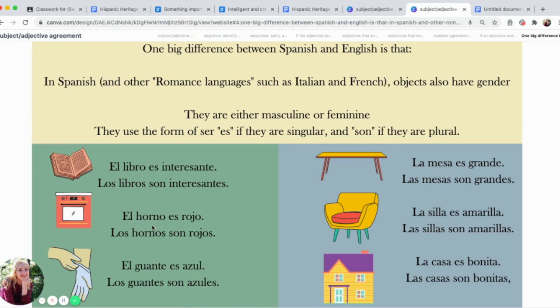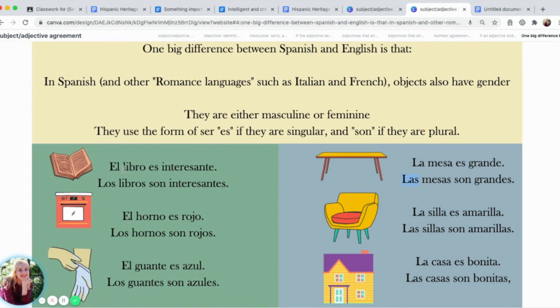The book, the oven, the glove, the table, the chair, the house. If the word for the is el or los, that object is masculine. Okay, it's male. If the word for that is la or las, then that object is feminine, okay, or female.